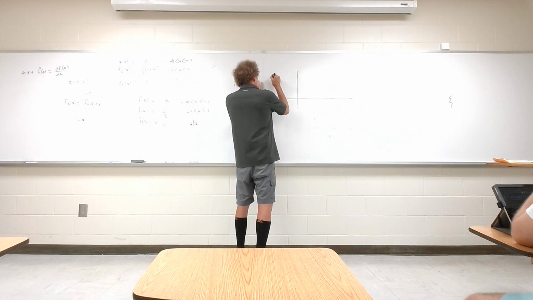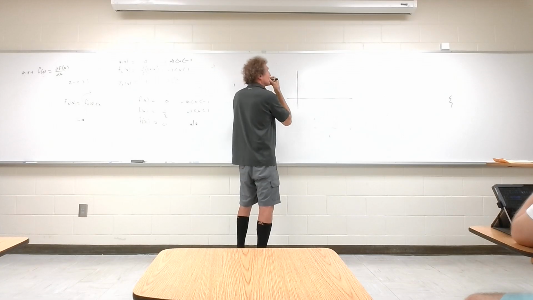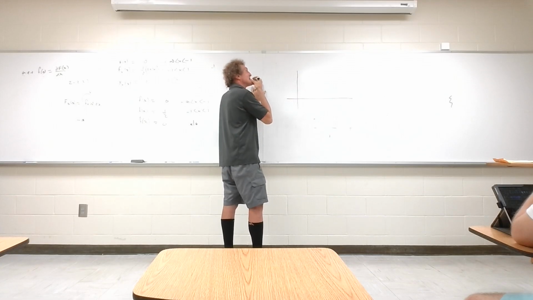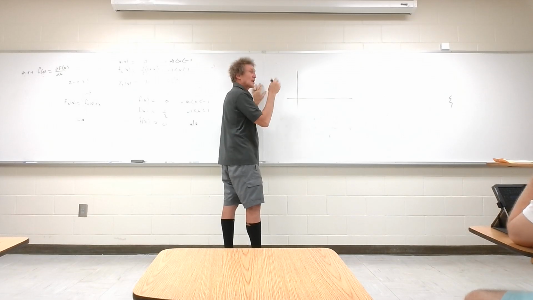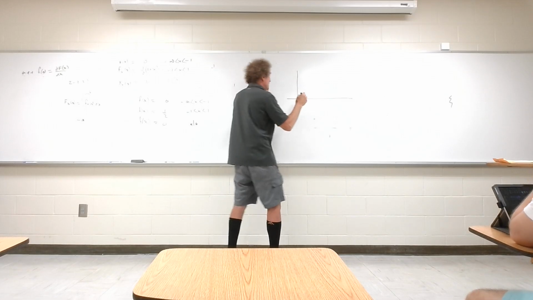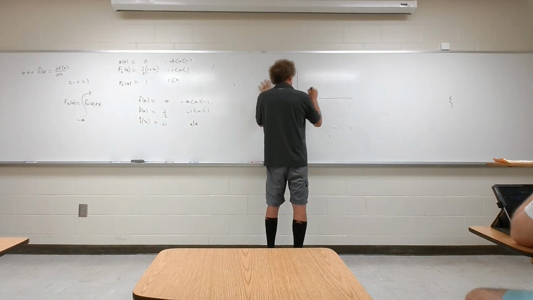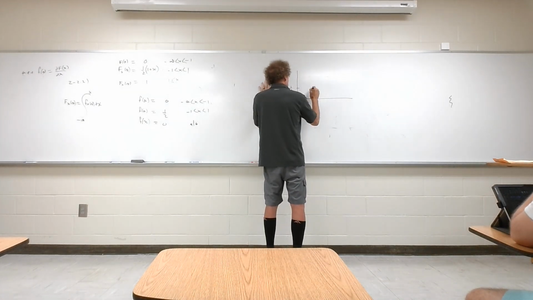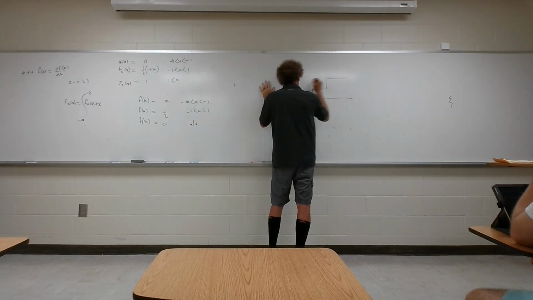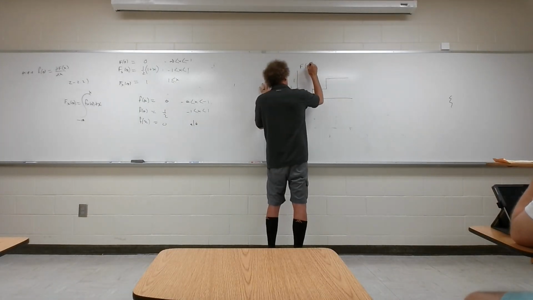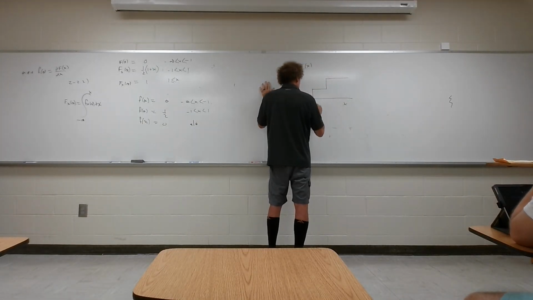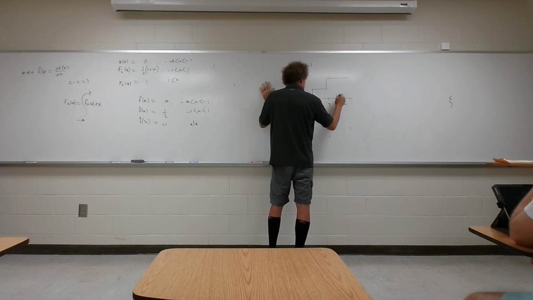Suppose we have something where capital F of x starts at 0, then it goes to 1/2, then it goes to 1. This is going to be capital F of x versus x. Call this 1, call this 2. Follow me?